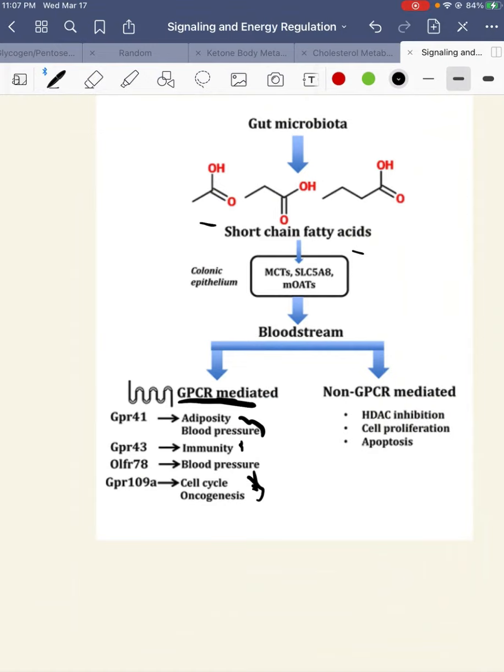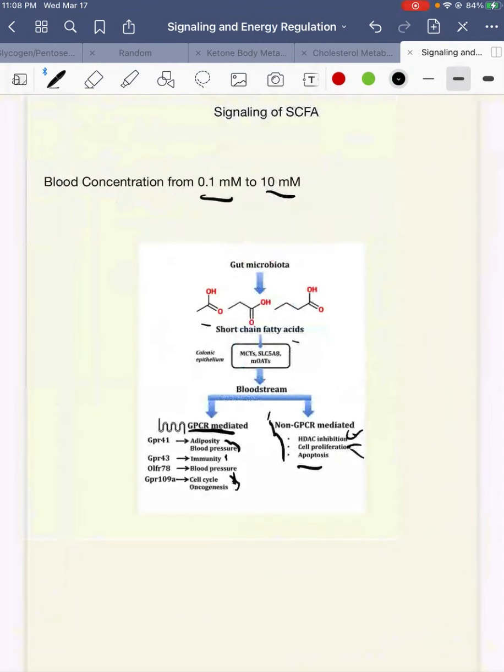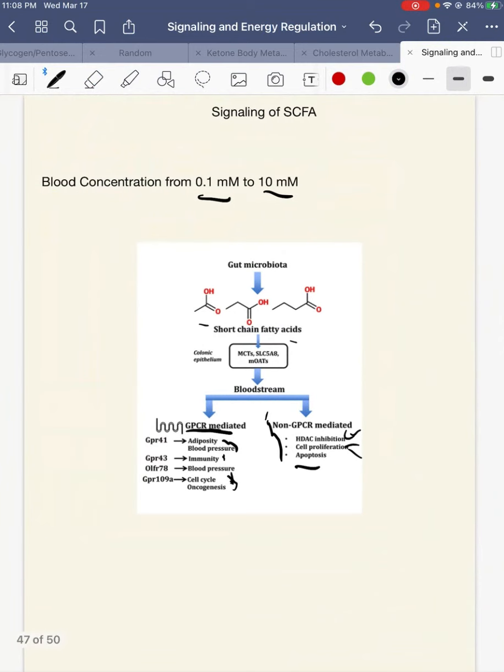So a lot of important stuff. They can also bind through non-GPCR signaling pathways. This will induce apoptosis, can inhibit HDAC, increase cell proliferation. So short chain fatty acids that come from the microbiome are very important because they have a lot of effects on our body. One of them is signaling.